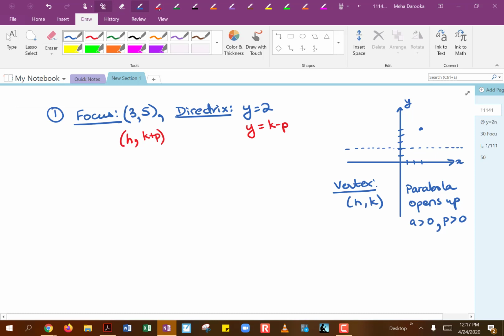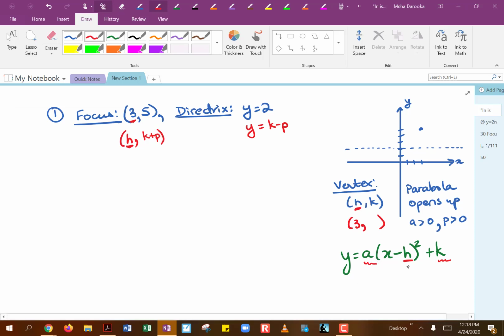So of course we have the h value right here from the focus, so our h value is going to be 3, which means we just need to find our k value, and you are essentially going to try and find all of these values in our transformation form. So we already know h, we need to find the k value, and we need to find the a value if we are going to come up with the equation of our parabola over here.